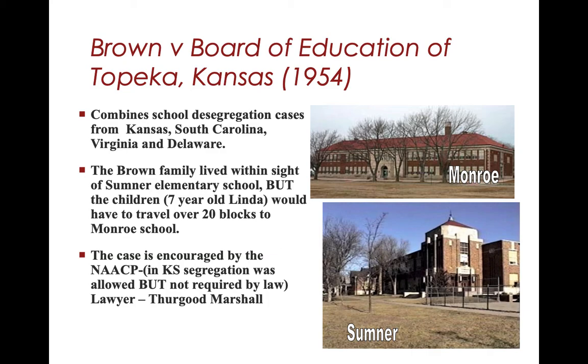And so they had a case that they could work in with other cases, and you can see it involved cases from all different parts of the country, places where segregation was required by law, like South Carolina, and places like Kansas where segregation was not required by law.